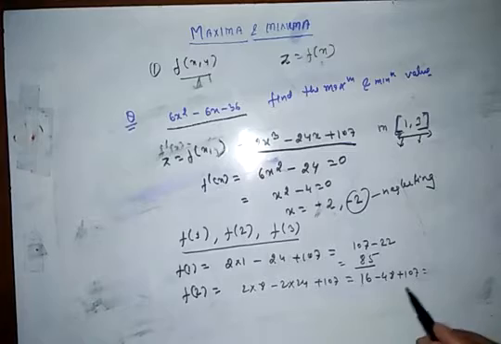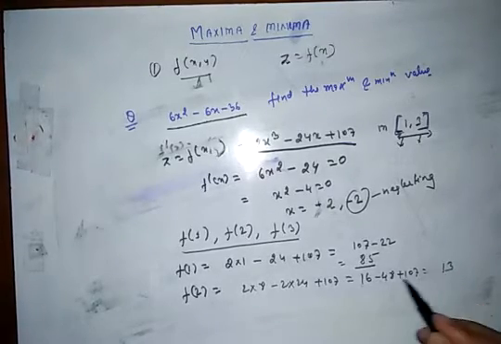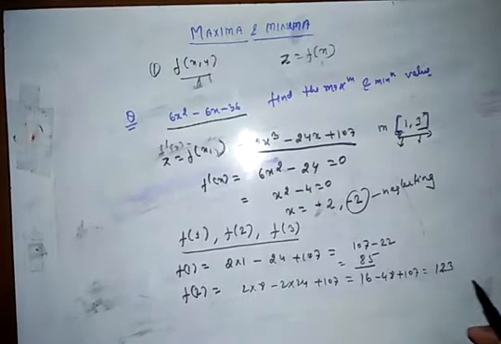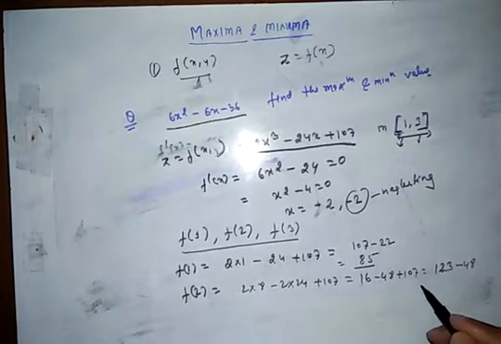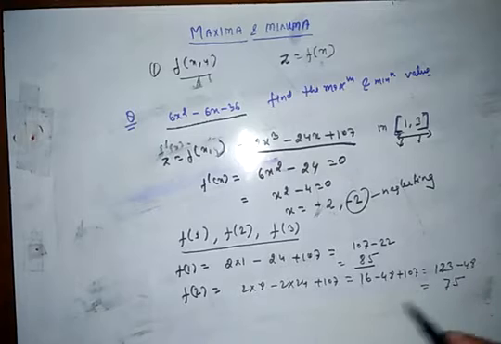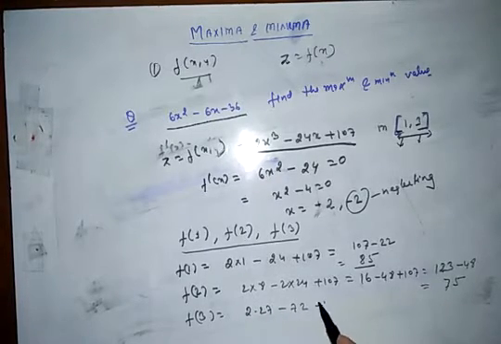How can you solve? 123 minus 48, so 75. So f of 3 you will see is twice into 27 minus 72 plus 107. When you solve, you will get 89.